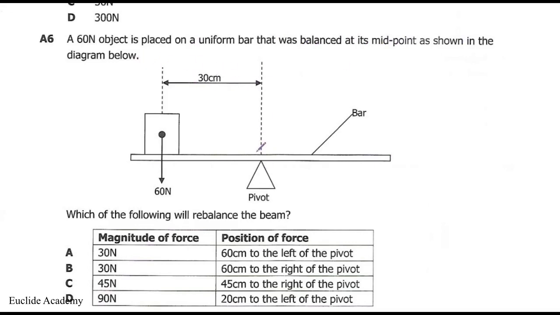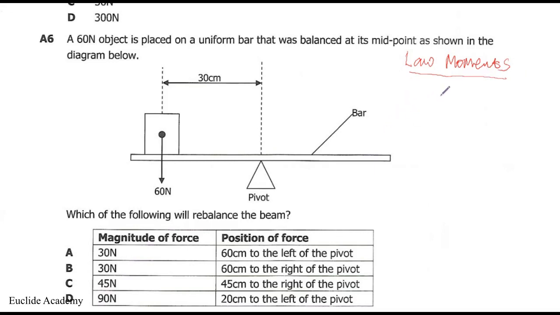To solve this question, you need to understand what we call the law of moments. The law of moments says that the total clockwise moments should be equal to the total anti-clockwise moments.